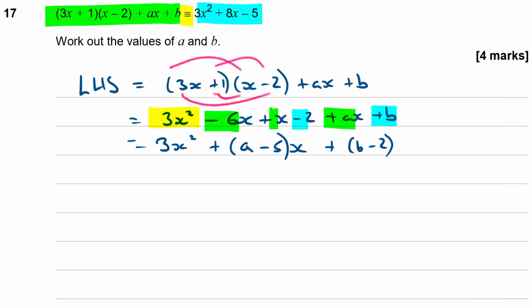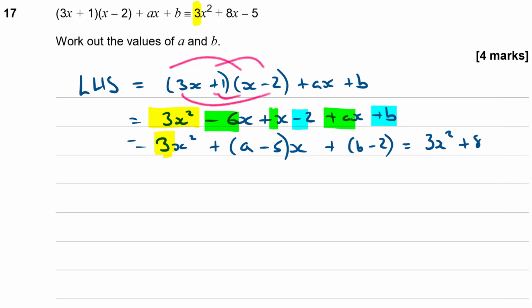So now I can start comparing it with my right hand side above. So my coefficient of x squared matches with that coefficient up there. So we're saying that this is equal to 3x squared plus 8x minus 5.